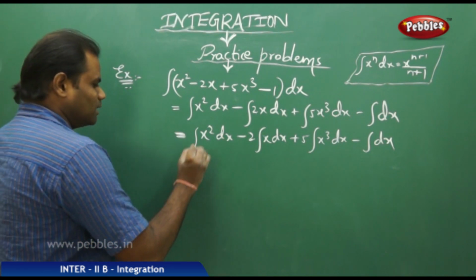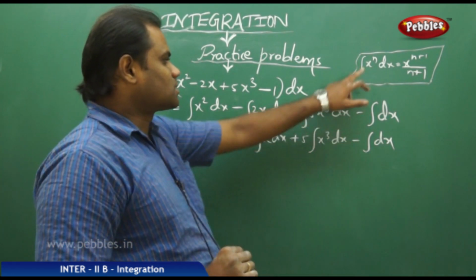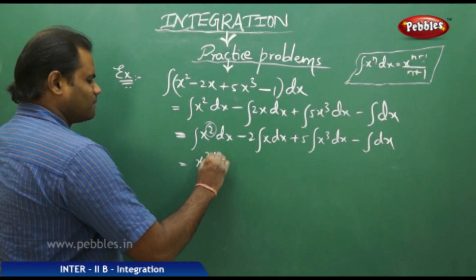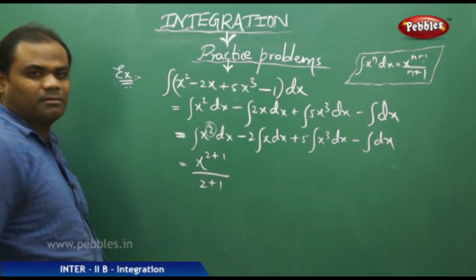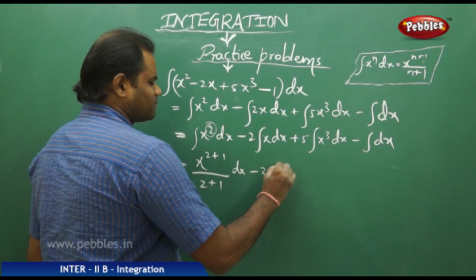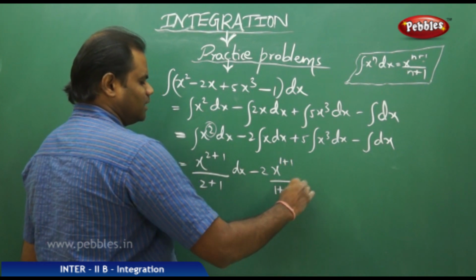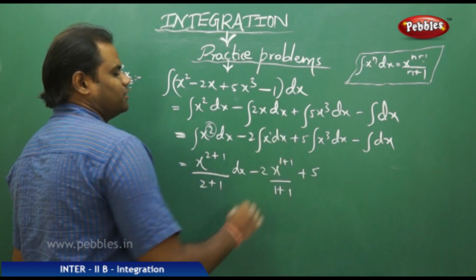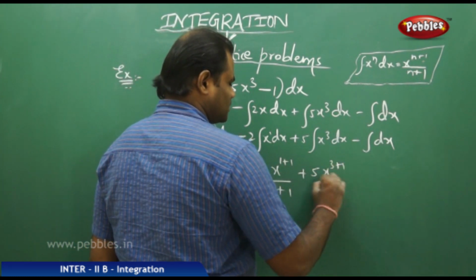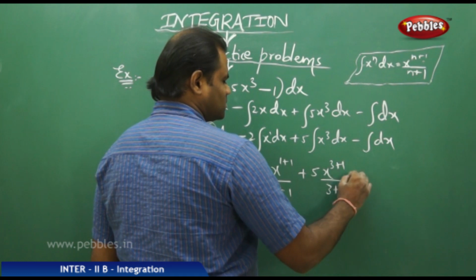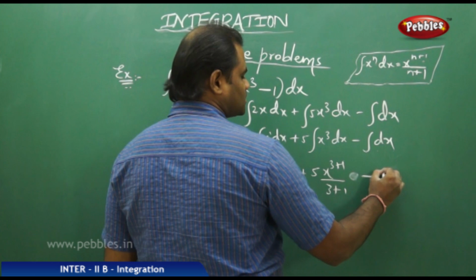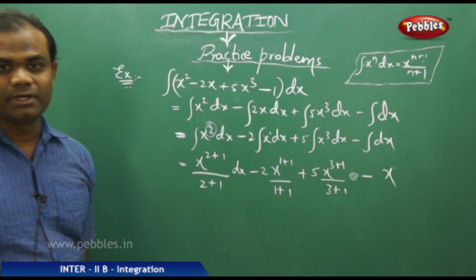And then using the formula here, n is 2 because x squared, n replaced with 2 gives us x power n plus 1 by n plus 1. And here n is 3, so I get 3 plus 1 by 3 plus 1. And integral dx is x, as we know, as a special case.